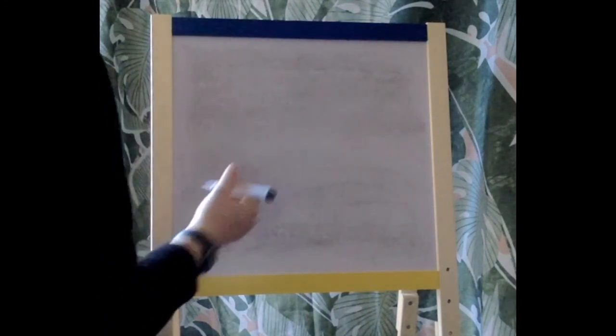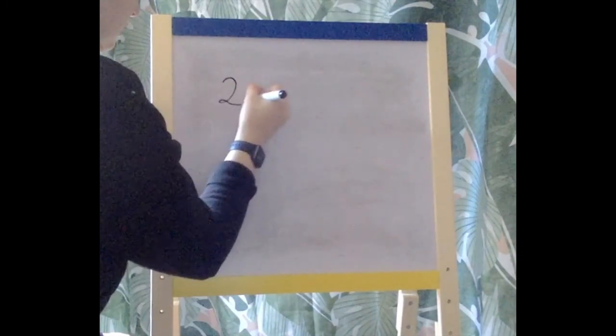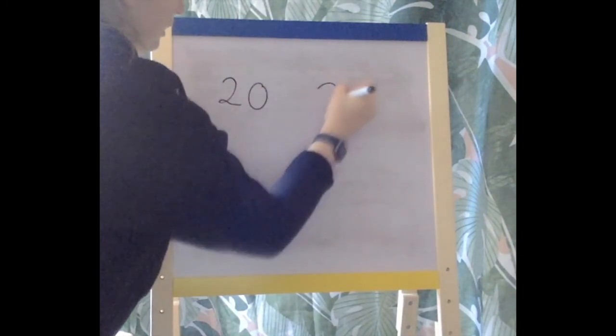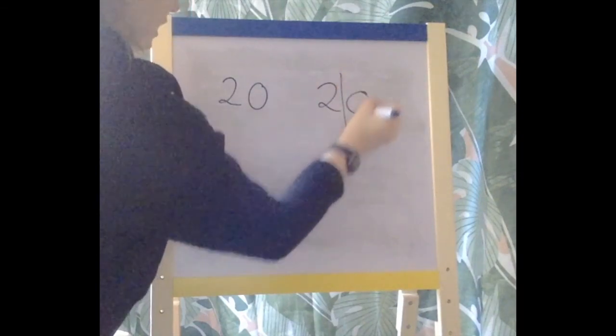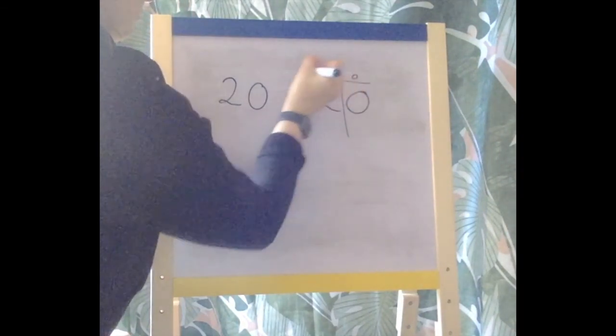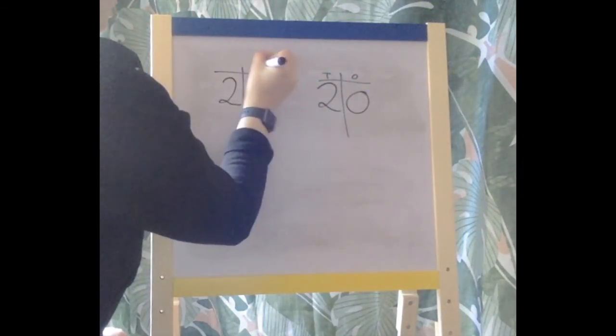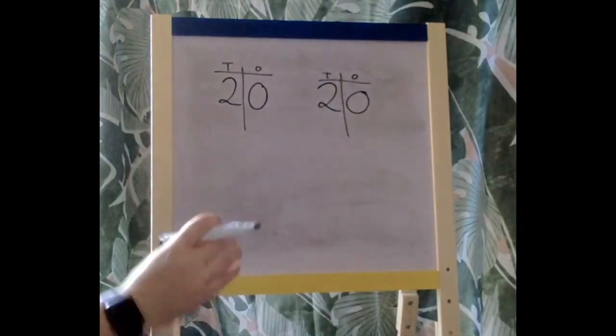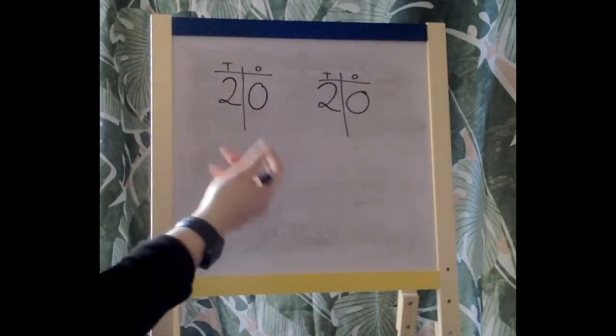Alrighty guys, I'll quickly show you what happens when you've got a number that is the same. So if I was to do 20 and 20 and split them up into their place value, I need to figure out which number is bigger here, which number is greater.